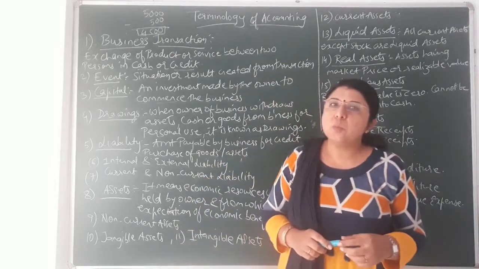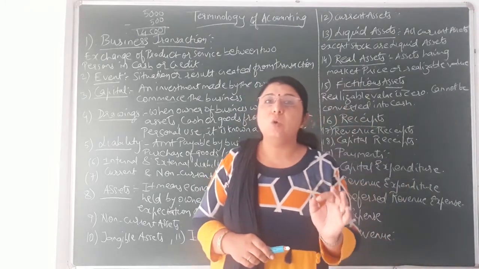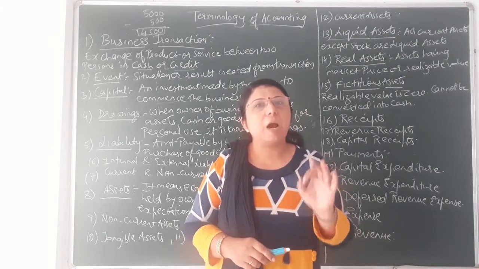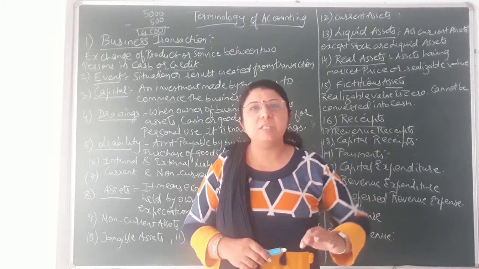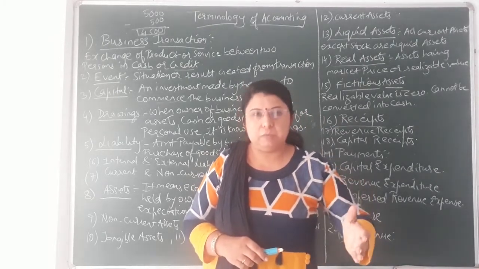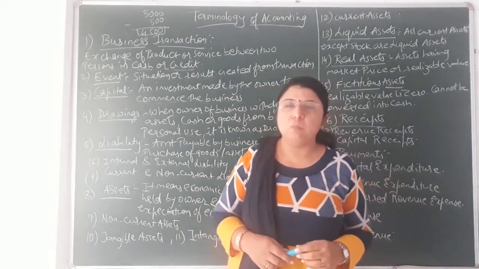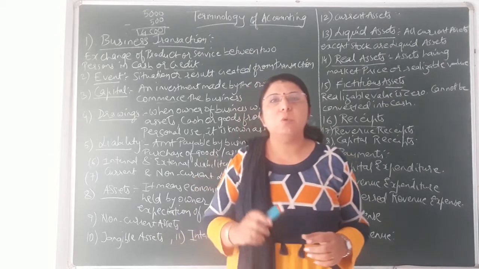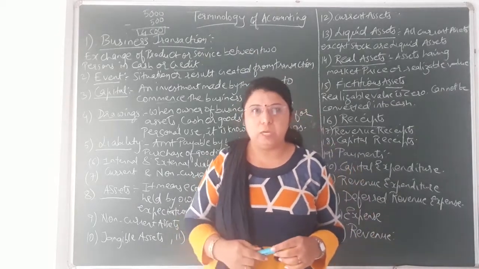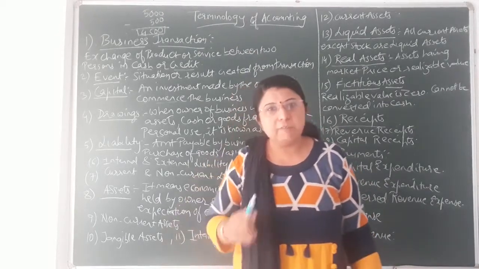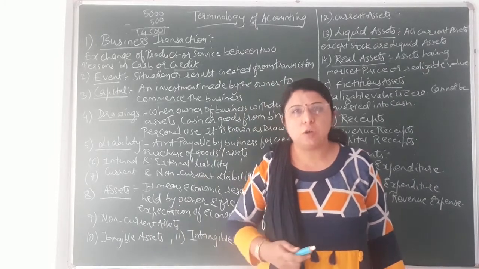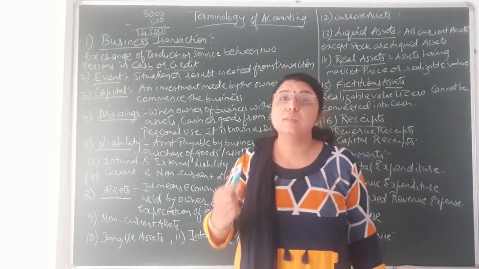Now in case of sole proprietorship firm, it is just called capital. But if it is a partnership firm, meaning there is more than one partner doing the business jointly, then in case of partnership firm, the word partners capital is used. And in case of company form of organization, that is joint stock company, it is called shareholders capital.